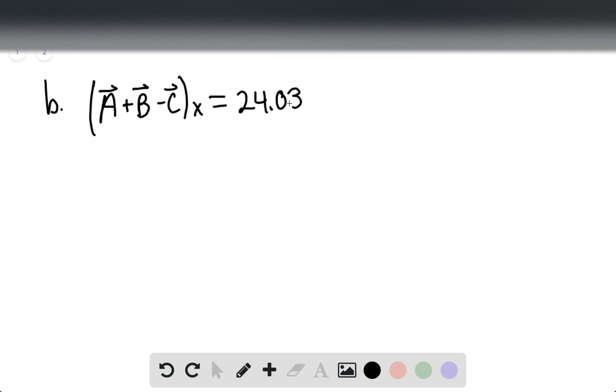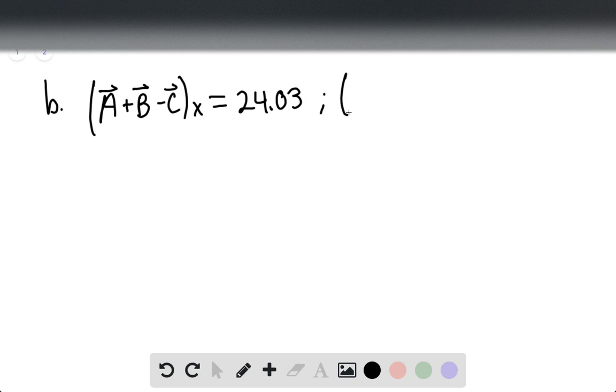Now for part B, we have A plus B minus C. So here we have, my apologies, vector A plus vector B minus vector C in the x direction. This is going to give us 24.03.